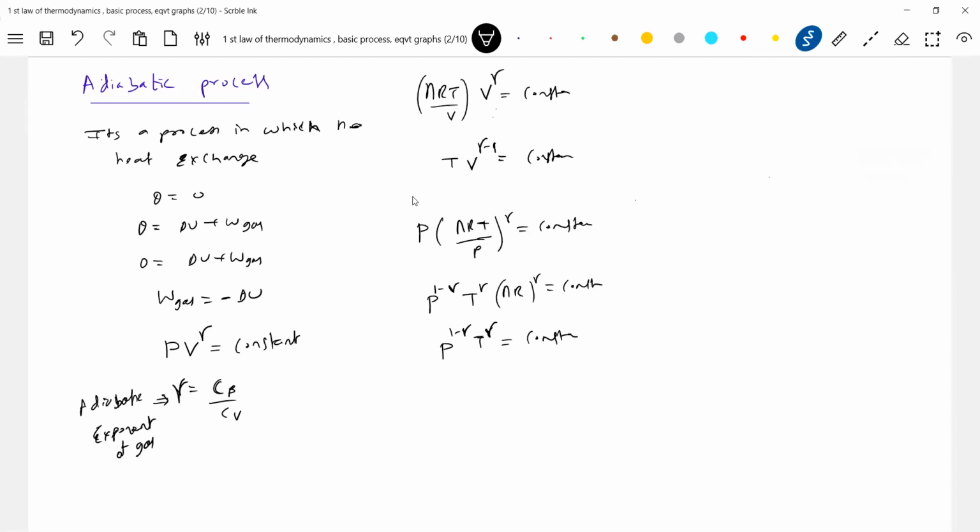Any formula? I think I'll use this particular delta U formula. Work done by the gas is equal to minus delta U. So therefore, what shall I write? This delta U is nR by gamma minus 1 into delta T, nR by gamma minus 1 into Tf minus Ti.